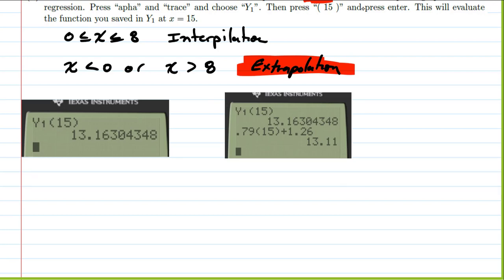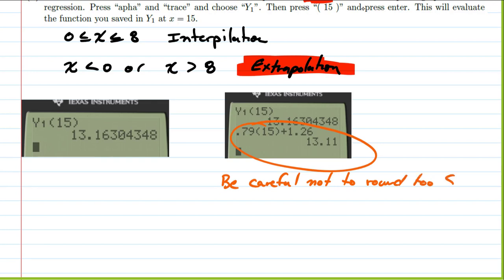So just be careful not to round too soon. So in general, we want to use the unrounded values until the very end and then round to whatever we're supposed to.